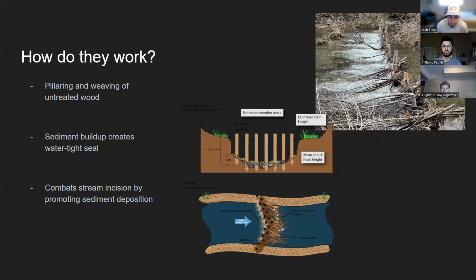These pillars span all the way across, and then using smaller branches weaving between these pillars, you start to create some blockage, and then using sediment and rocks on the inner side, you start to build up a watertight barrier, and that starts the backflow of these streams and river systems, and it starts to create sediment buildup to create more of a watertight seal.